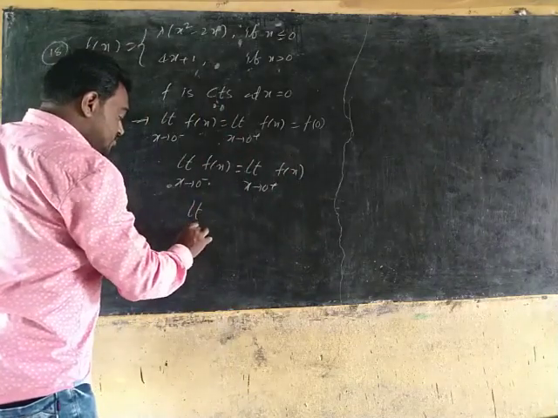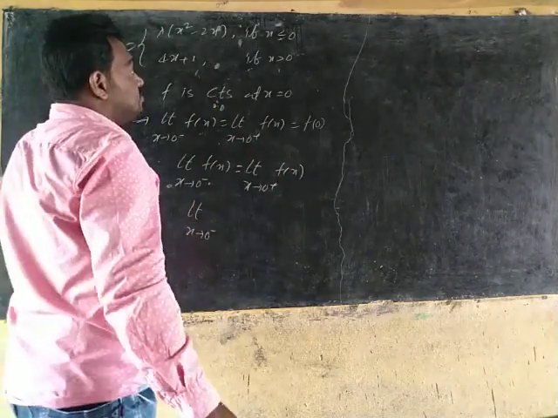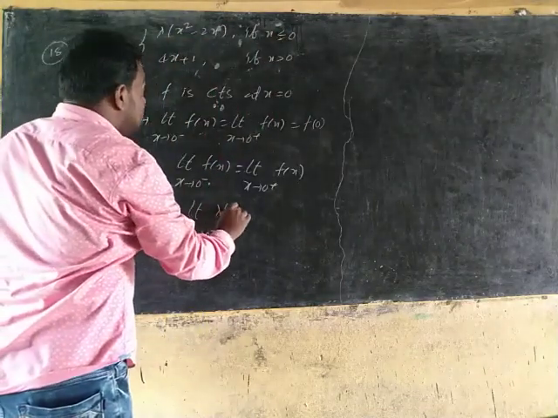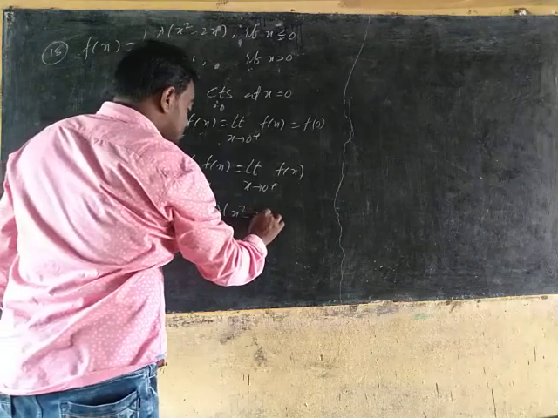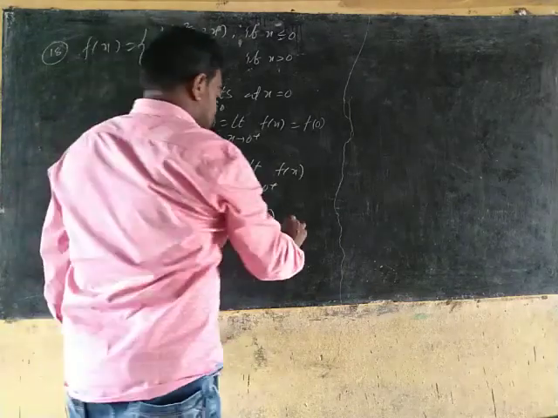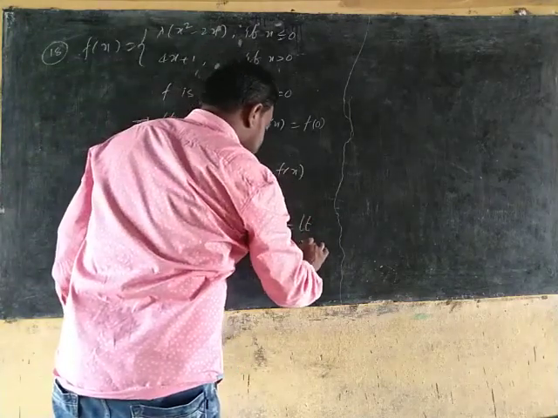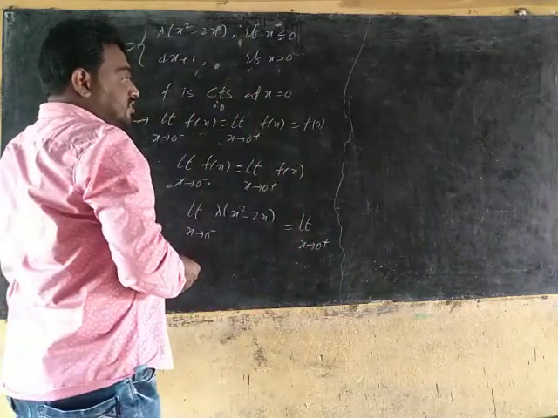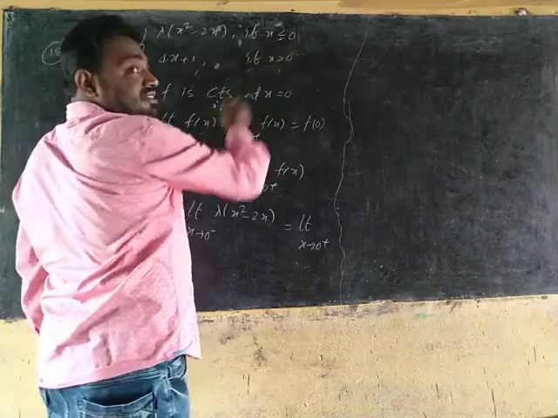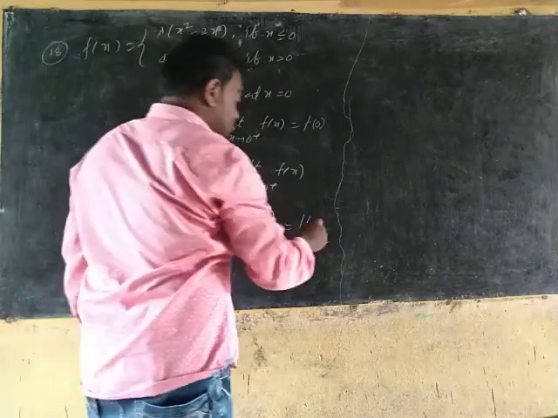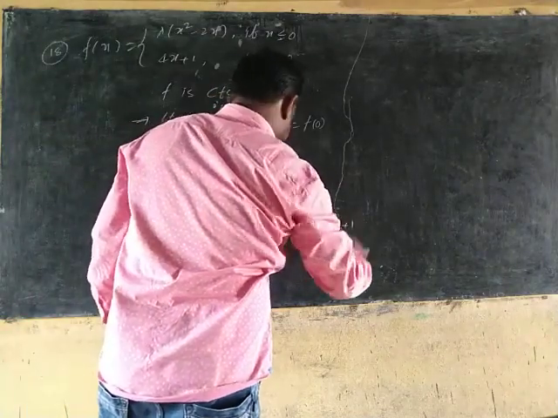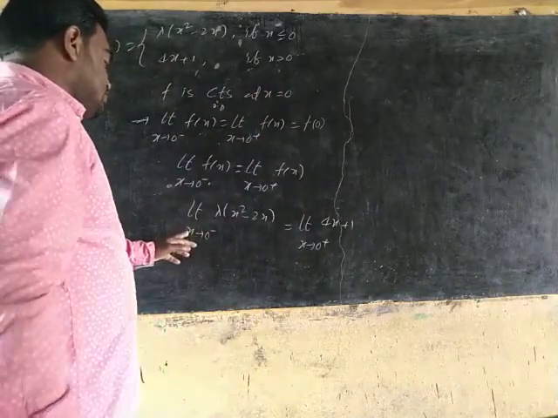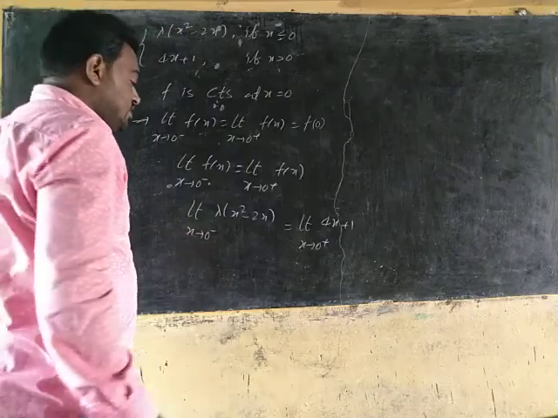Limit x tends to 0 minus means x is less than 0, f of x is equal to lambda into x square minus 2x. This is equal to limit x tends to 0 plus, which means x is greater than 0. When x is greater than 0, f of x is equal to 4x plus 1. Right? Next, you substitute x equals 0 in this equation.